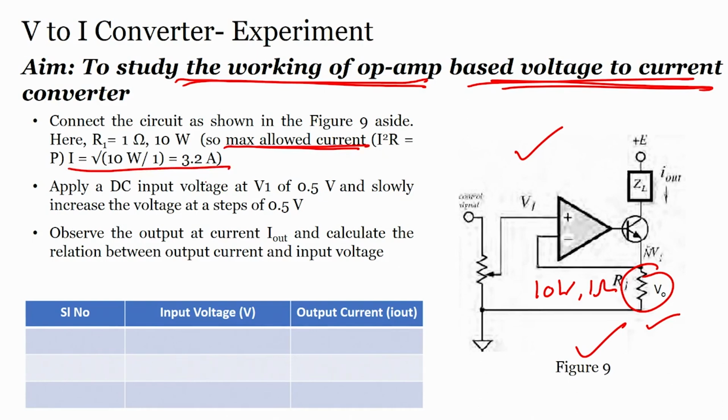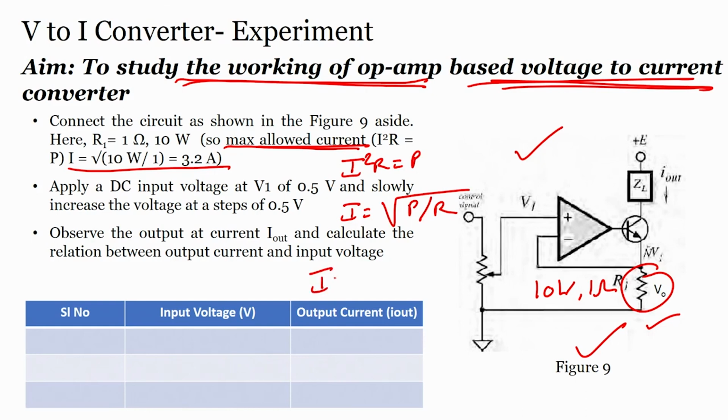So, the maximum allowed current would be 3.2 ampere because I squared R equals P. So, we can write I equals the square root of P by R, right.